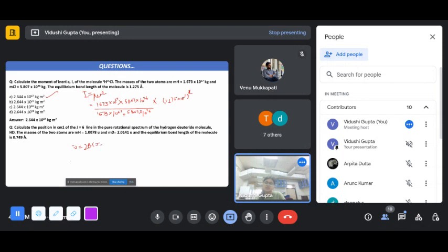This you have to calculate now, and you know the value of J. But firstly we will calculate the value of B. And what's B? It's h divided by 8 pi square IC.